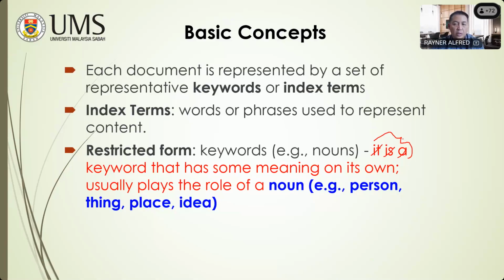This is what we call the stop word. Stop word means they do not carry any meaning. Okay, so we will look for keywords, like mean, and then place, role. So this is an example of how we detect the nouns.